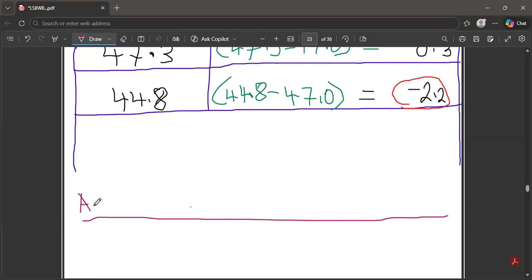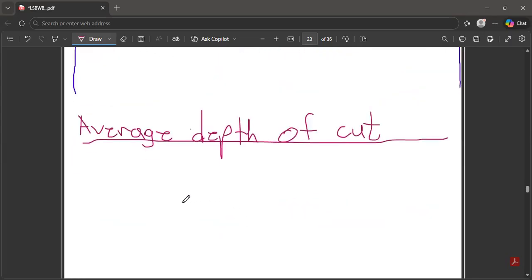We are just going to add all our parameters and then divide by the number of items, or the number of points.